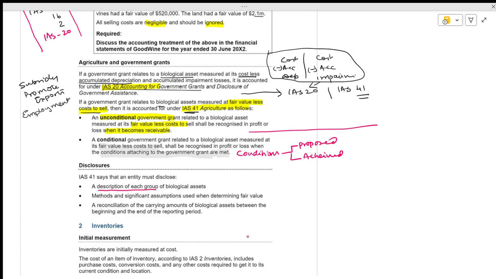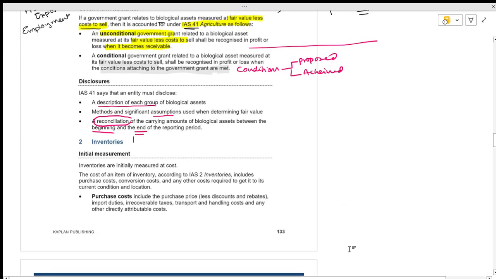You have to state any assumptions, and most importantly, there will be a reconciliation between the opening balance and the ending balance. We will get the difference: sometimes profit, sometimes losses, sometimes revaluation gains, sometimes revaluation losses.